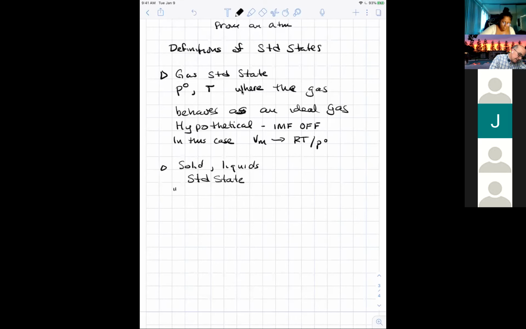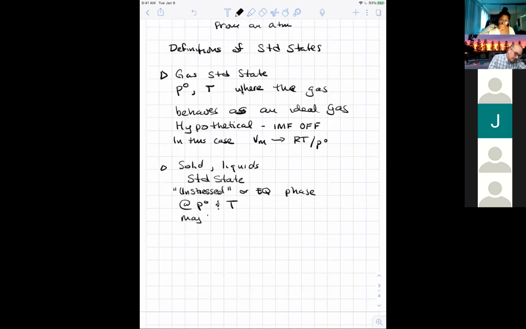So we say it's the unstressed or equilibrium phase at our standard pressure and the temperature that we want to be at, right?